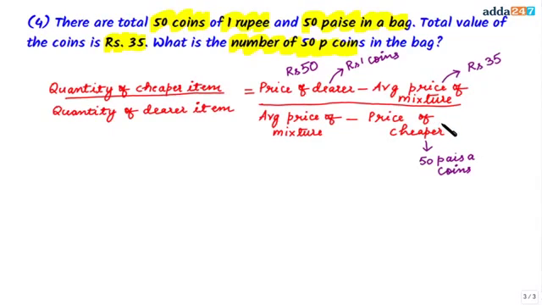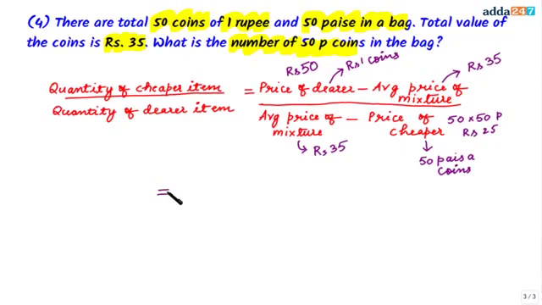And the price of the cheaper item will be, if all the coins were of 50 paisa each, then all 50 coins will add up to 50 multiplied by 50 paisa, that will be rupees 25. And this of course is rupees 35.